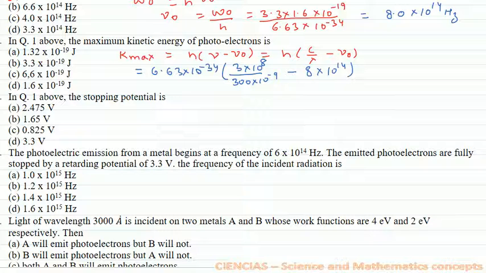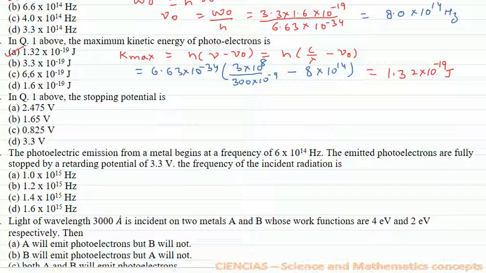On solving this, we get 1.32 x 10^-19 joule. So option A, 1.32 x 10^-19 joule, is the correct answer.